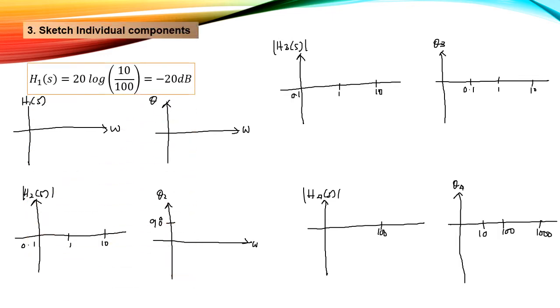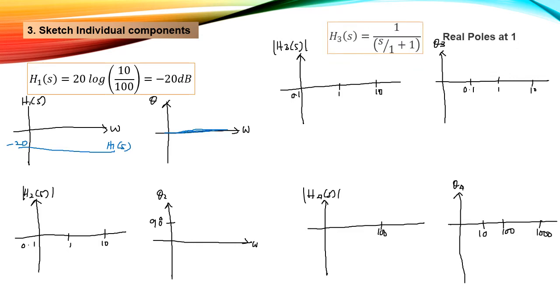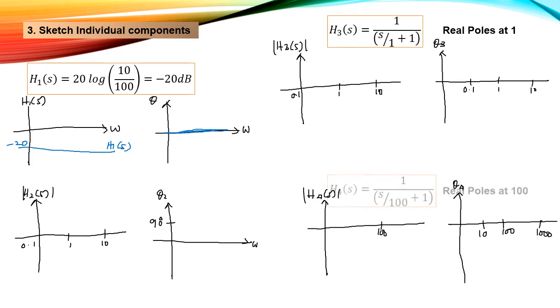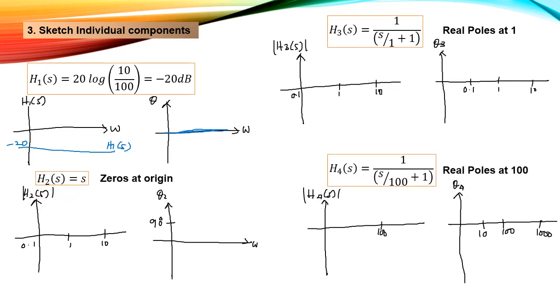The first one is the constant, so negative 20 dB. You sketch a negative 20 dB constant. This is your H1(s), negative 20, and for a constant the phase will be 0. And then for the second component, H2(s) equals s, so zeros at origin.